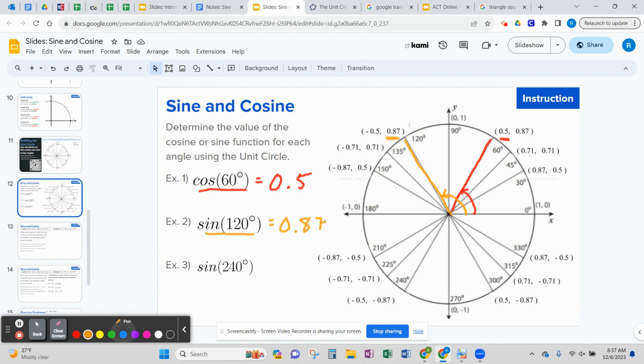And lastly, let's hit sine of 240. I'll use purple for this last one. We're going to rotate all the way around to 240. The sine value is my y value. It's the height of my triangle, and that is negative 0.87.